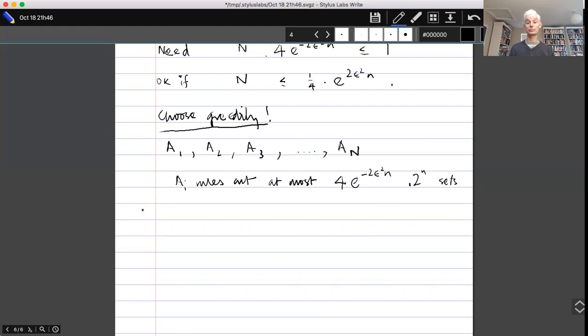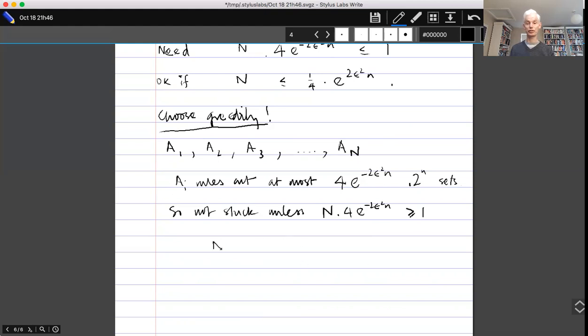So we're not going to be stuck unless n times 4 e to the minus 2 epsilon squared n is greater than or equal to 1.